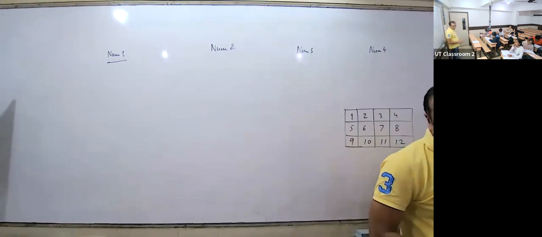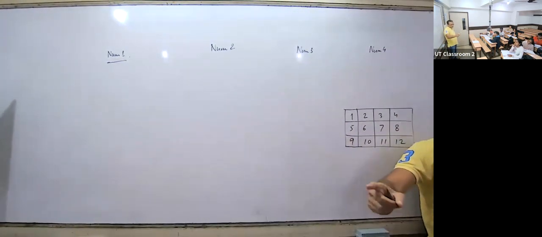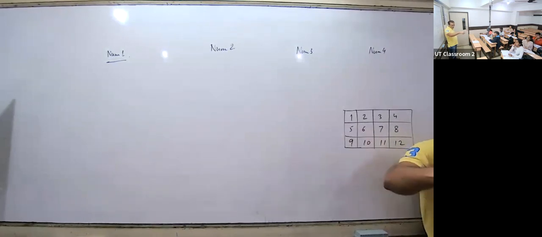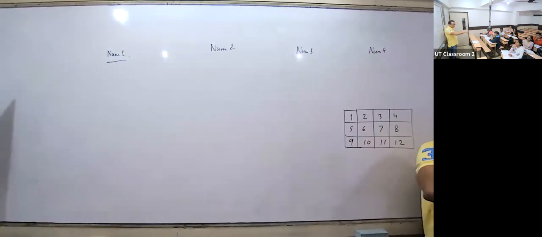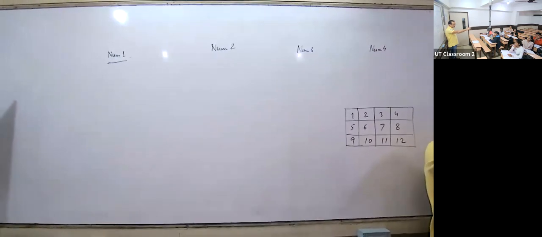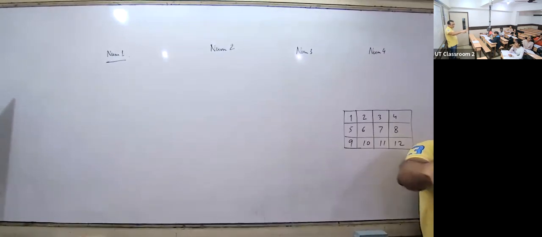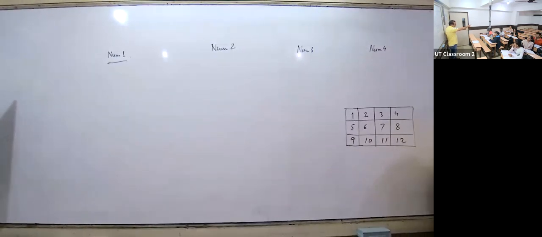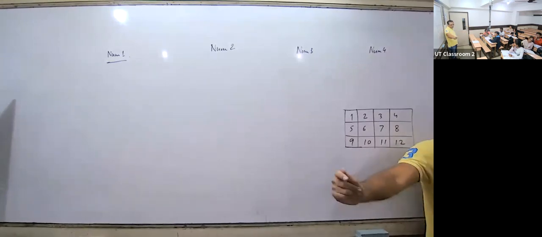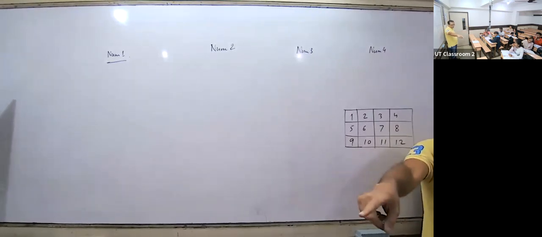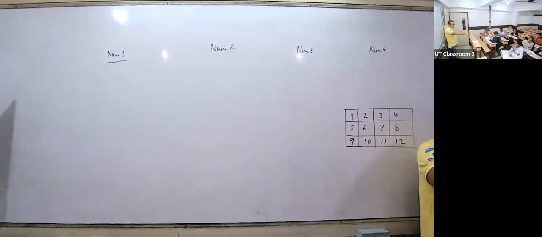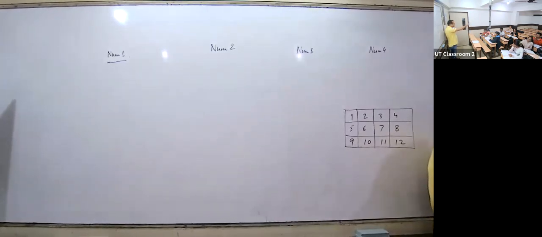So this is how we'll go. Okay, start with you. So like this, 1, 2, 3, 4, 5, 6, 7, right? In this sequence. So let me give you a number. You are 1, 2, 3, 4, 5, 6, 7, 8, 9, 10, 11, 12.